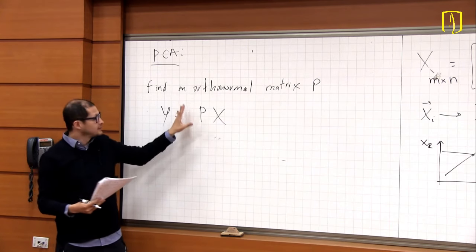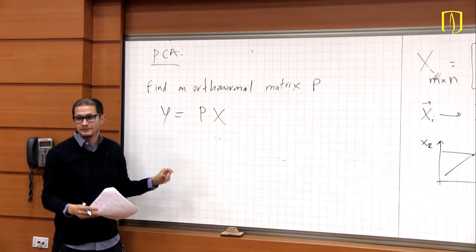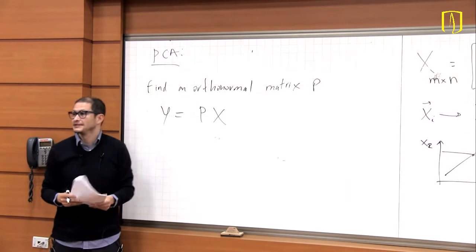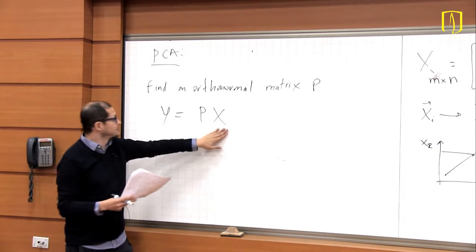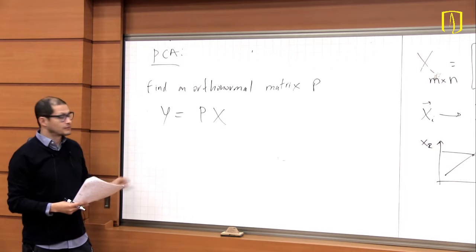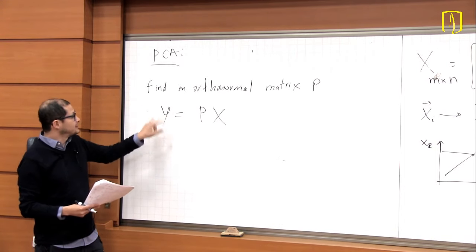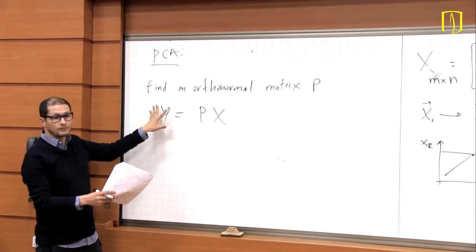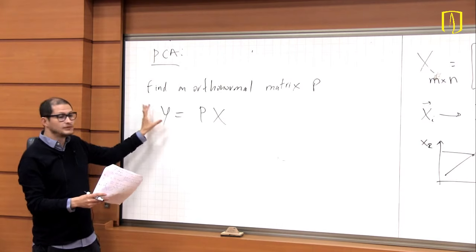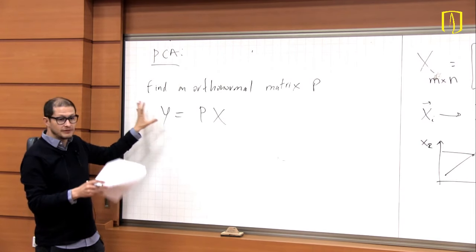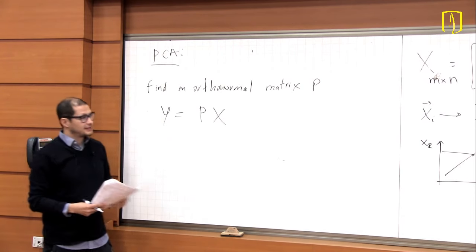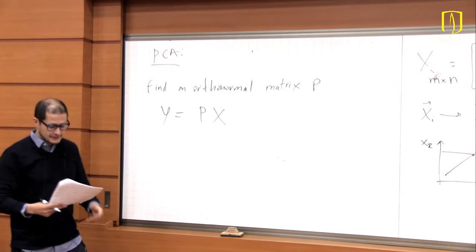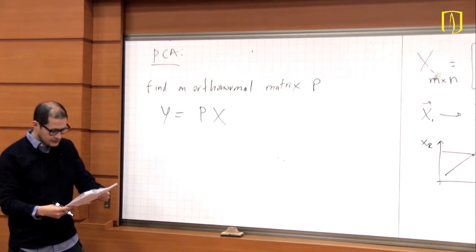This P, as you probably guessed, is going to be called the principal components. And this is the relation. What we want to achieve is to find these new representations for x, where the new data set, or the new design matrix, is uncorrelated. So that's the idea. How do we find that?